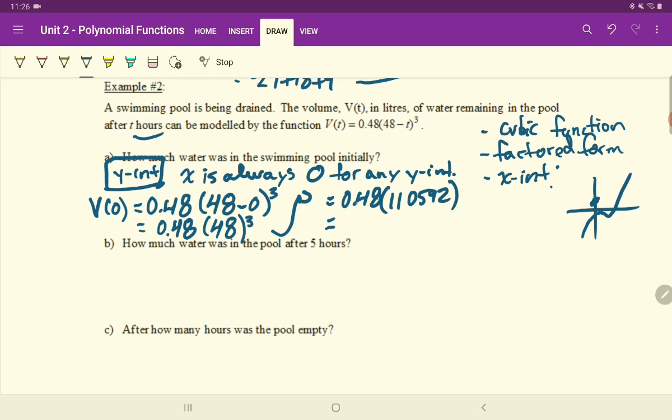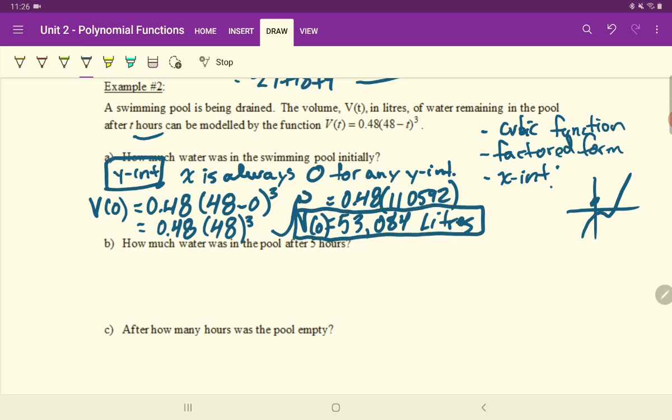So you're going to end up with an odd decimal here of 53,084 liters. So that's the initial volume of water in this pool. That's V at 0. When time is 0, that's how much water is in the pool.